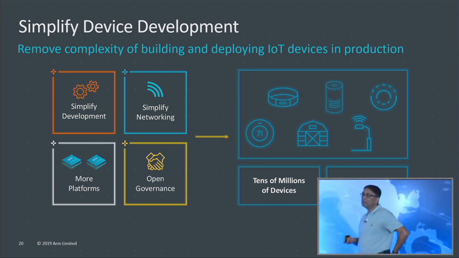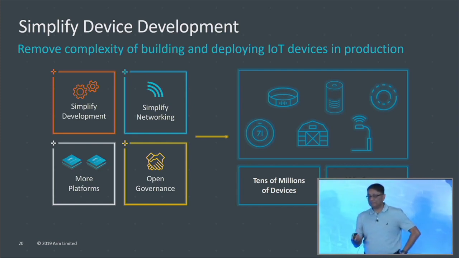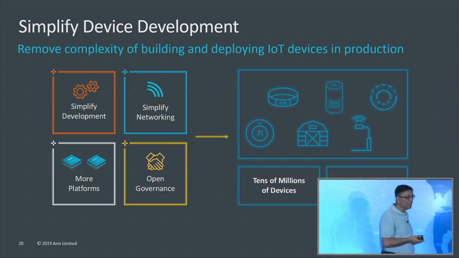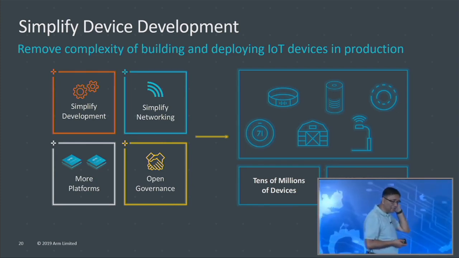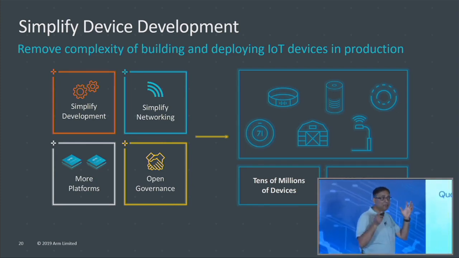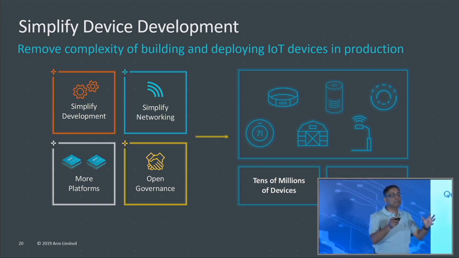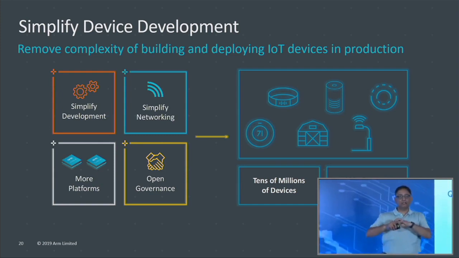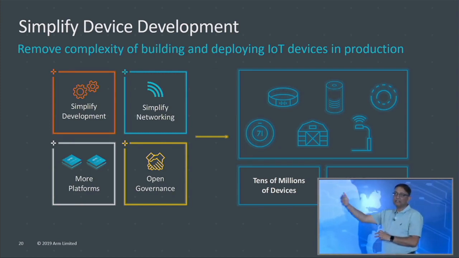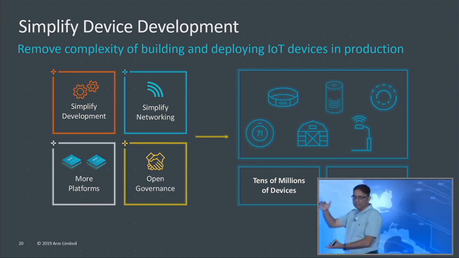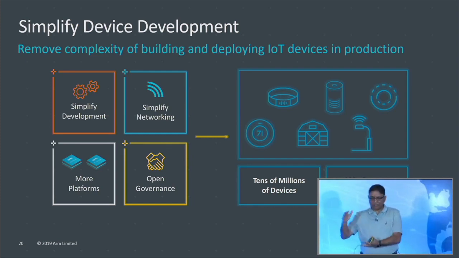And so at ARM, we've been working on something called Mbed OS, which hopefully some of you have heard about. Mbed OS, I'll talk about that in the next slide, is a way in which we think we can enable developers to take a software environment, use that as a foundation, and then create their application, right? Their device running the software.